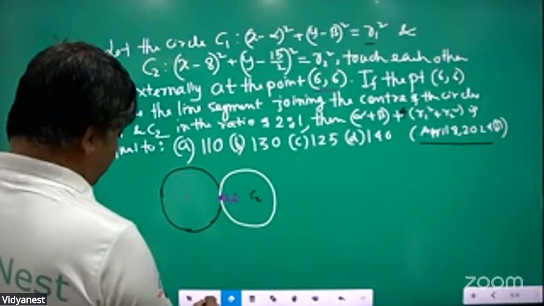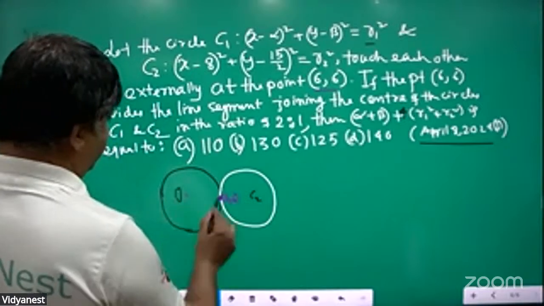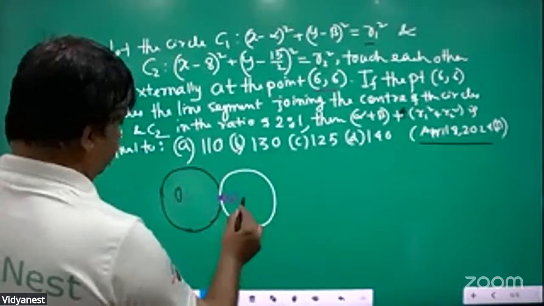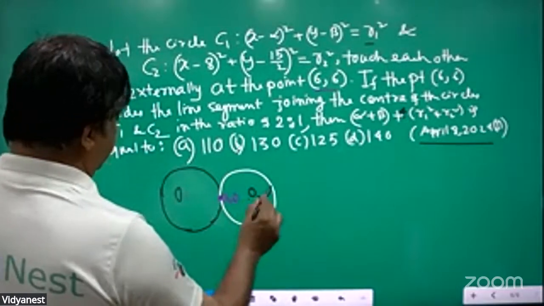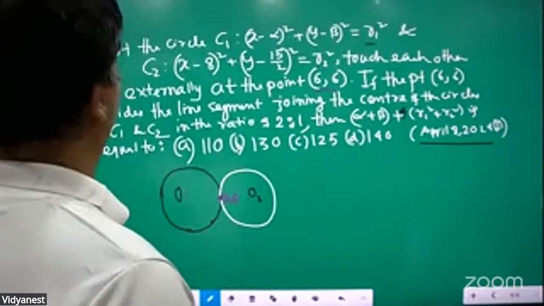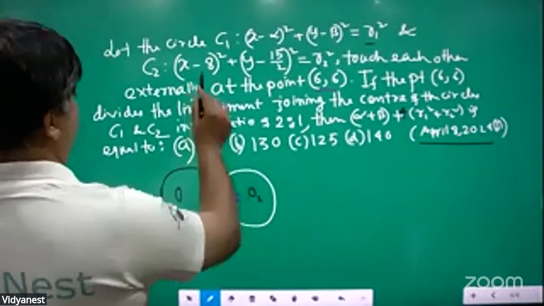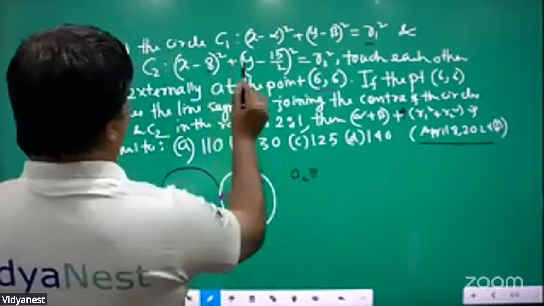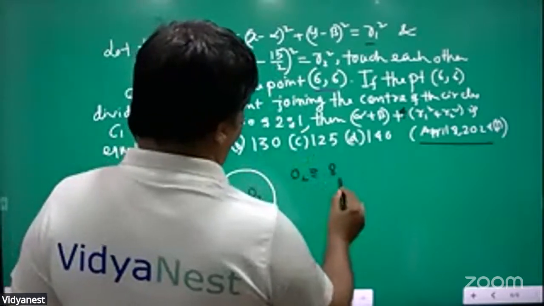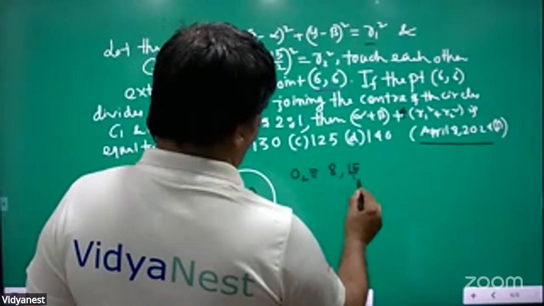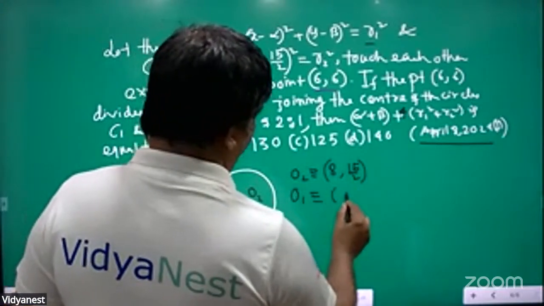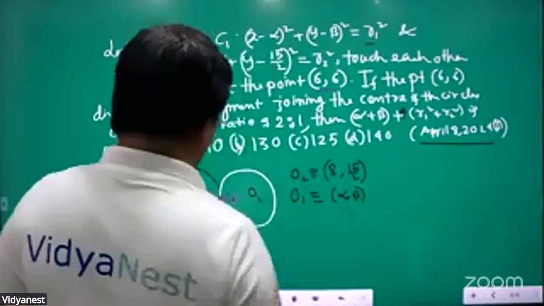Better you write O1 and O2. O2 we know. Center O2 is (8, 15/2). O1, the center of the first circle, is (alpha, beta).